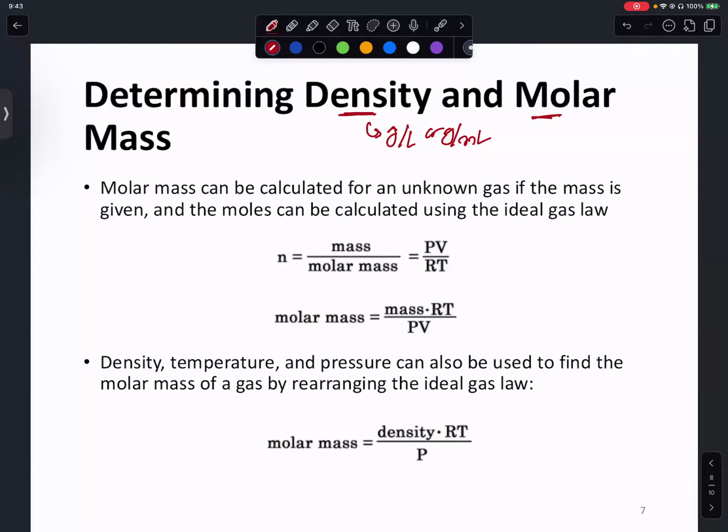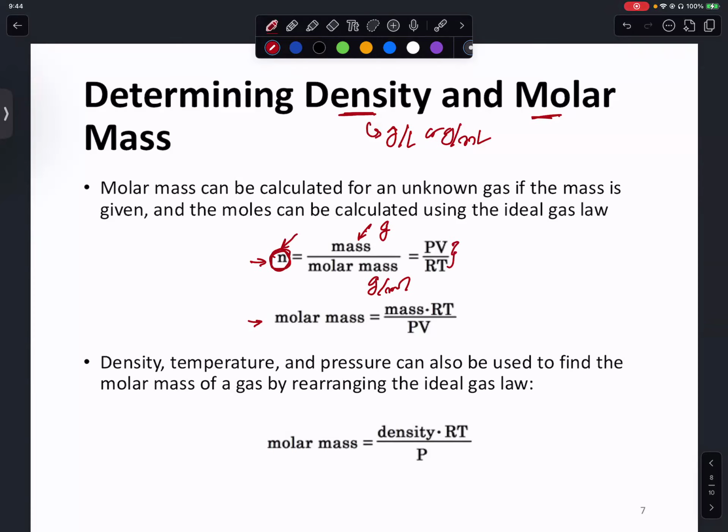So if we look at these equations right here, we can say that the number of moles of a gas equals the mass divided by the molar mass, in grams per mole, and n also happens to equal PV over RT from the ideal gas law.